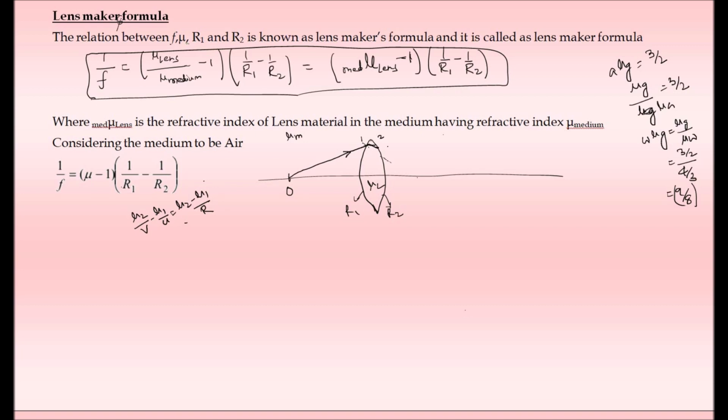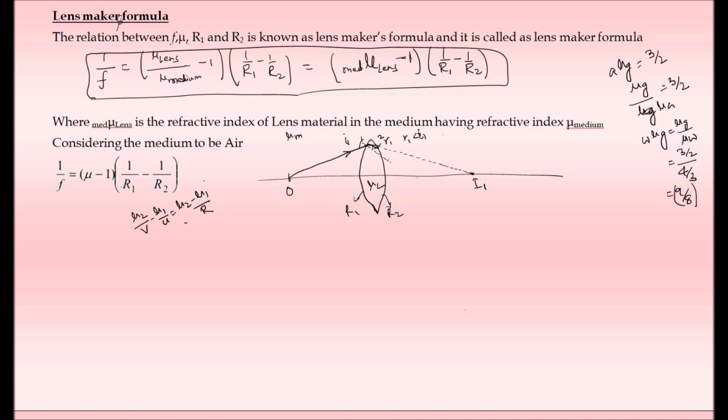This is the normal line. So if the angle of incidence is I1 and this angle is R1, then R1 must be less than I1. So we get an image due to this refraction at the point we call I1.